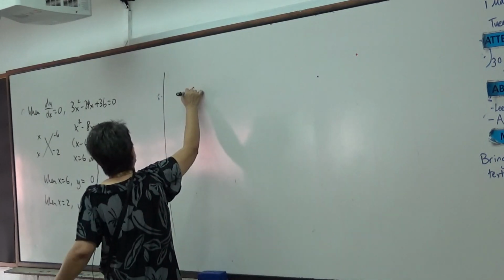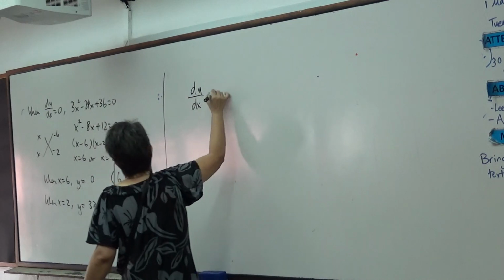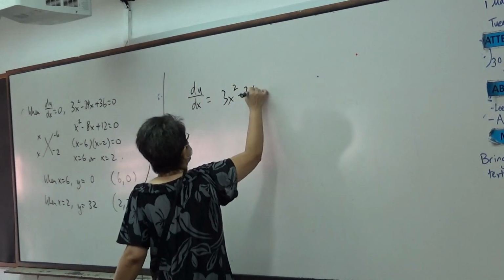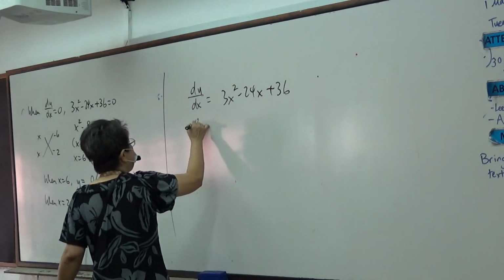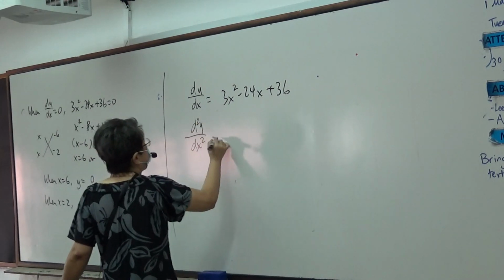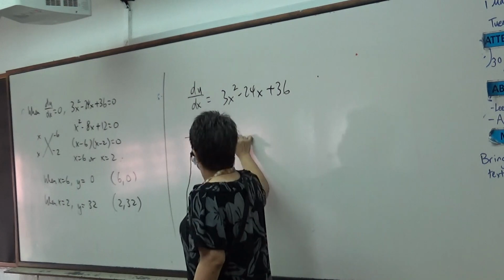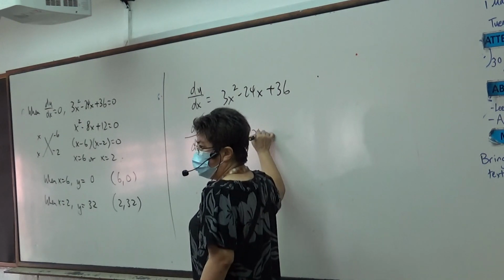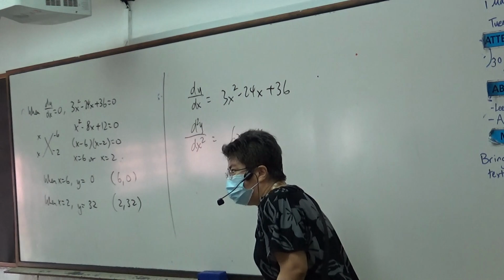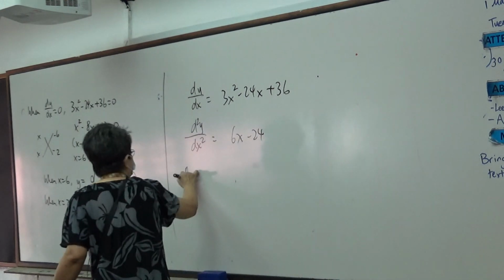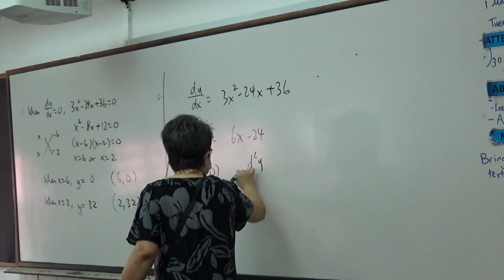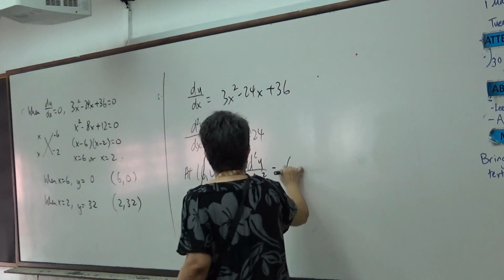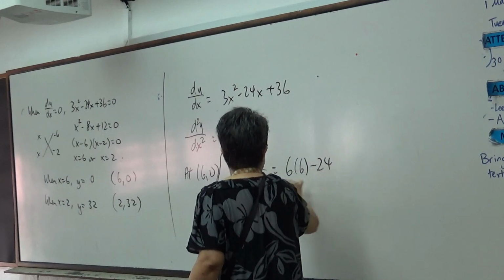Now, everybody knows that dy/dx is 3x squared minus 24x plus 36, right? So what is d2y/dx squared? 6x minus 24. Am I right to say that? Okay. At (6, 0), d2y/dx squared will be 6 into 6 minus 24.